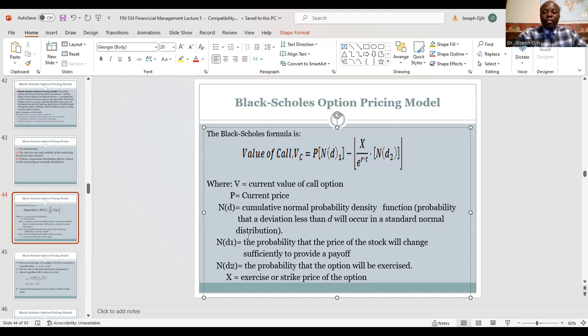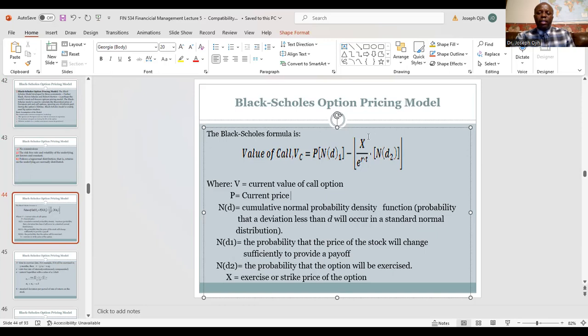However, what we are looking at is N(d1) and N(d2), which are both generated from N(d). N(d1) means the probability that the price of the stock will change sufficiently to provide a payoff. And N(d2) means the probability that the option will be exercised.